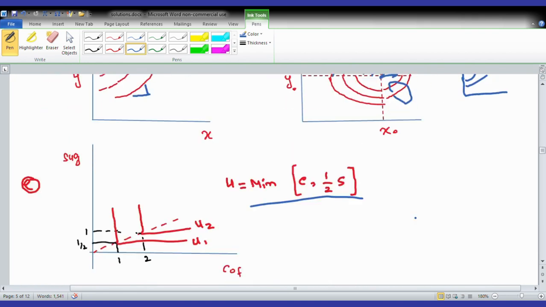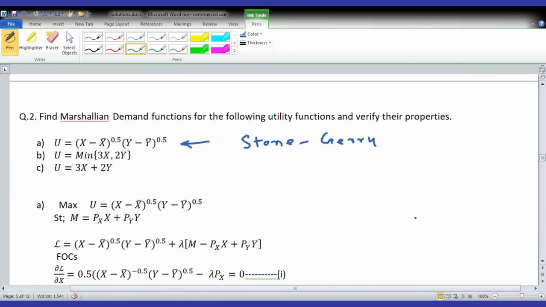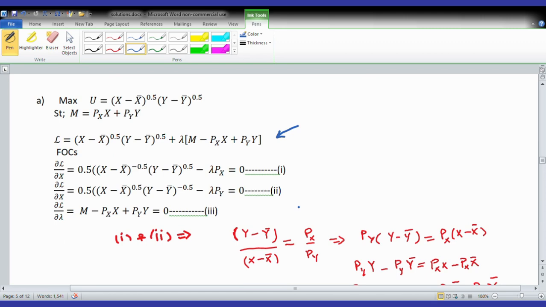In order to maximize utility subject to the budget constraint, you need to write down this Lagrangian function, and then you write down the first order conditions. So I have written down these three first order conditions by taking the partial derivative of the Lagrangian function with respect to x, with respect to y, and then with respect to lambda.